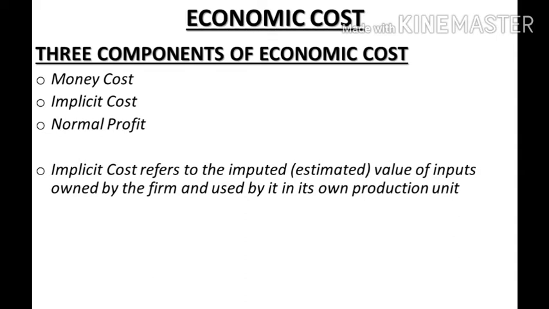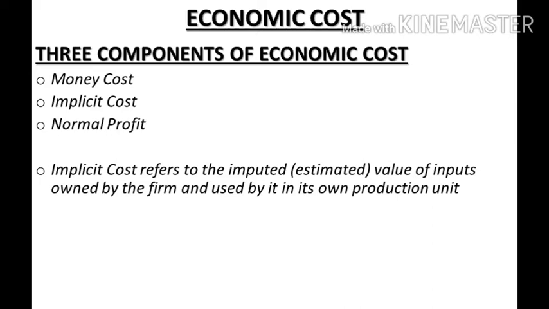When that happens, the cost of these factors of production is estimated. The income or value that may be earned by the producer is estimated, and that estimated value is known as implicit cost, right? For example, a producer may use his own factor services in the process of production, right?